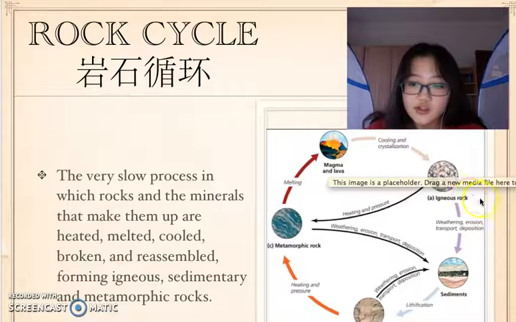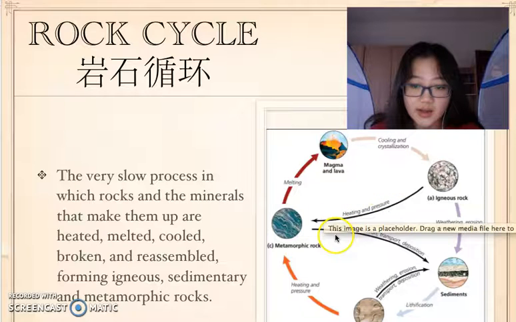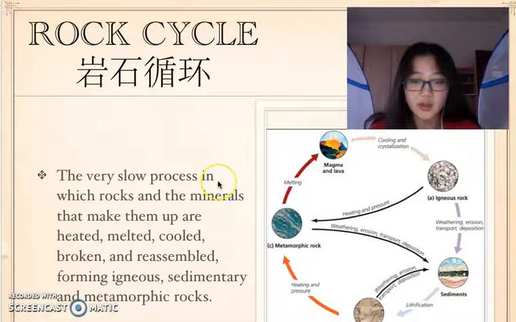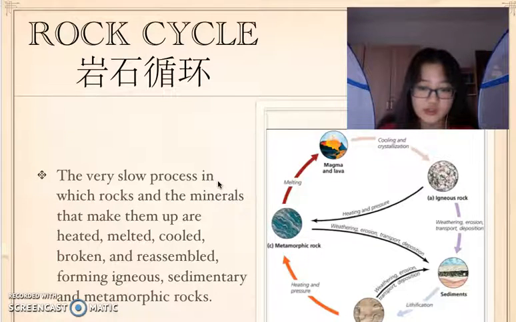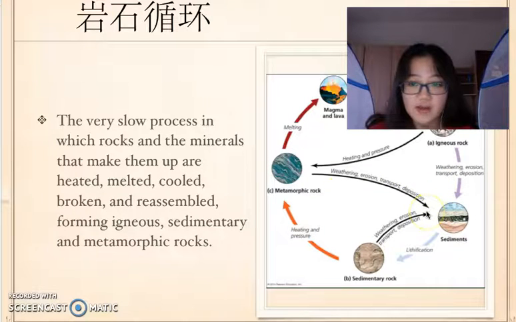Or the igneous rock will directly change into metamorphic rock through heating and pressure. And the metamorphic rock will also change through weathering, erosion, or transport and deposition into sedimentary rock. This process is very interesting.